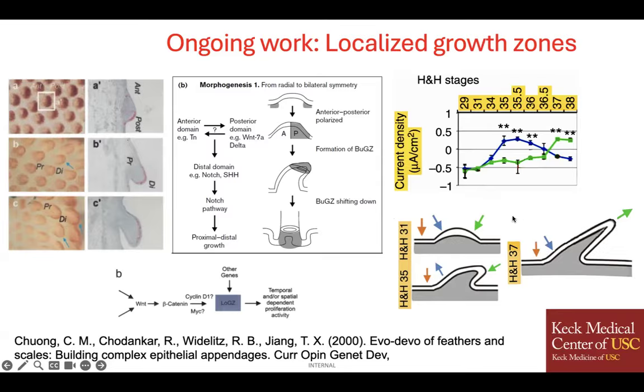So the growth zones migrate from the very tip ultimately to the base. If you look at the staging here, initially the calcium entry is at the tip, but we get calcium entry at the base at a later stage. That coincides very amazingly with the movement in the growth zones.